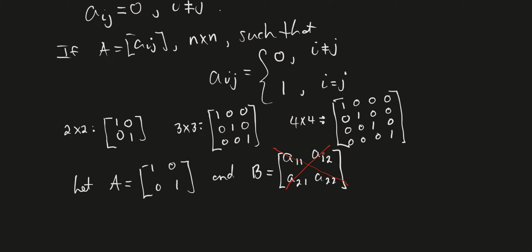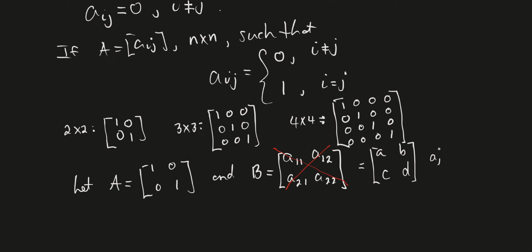Since I only need 4 entries, I'm going to use this form: a, b, c, d, right? So again, just 4 letters, and then what are the possible values that a, b, c, and d can take on? Well, if we want to represent all possible 2 by 2 matrices, then these entries could be any real number, right?